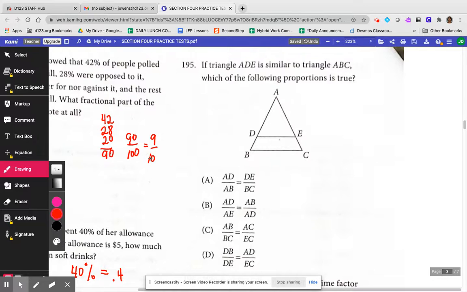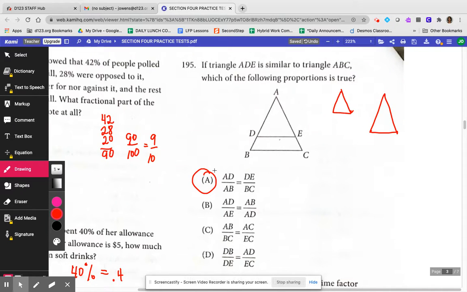195. This is talking about similar triangles. Your answer for this is A. This is a more complicated one too. You have to look at opposite sides, and this one might be easier if you visualize what the triangle looks like in two parts instead of seeing it overlapping, and then you can see the sides that would correspond.